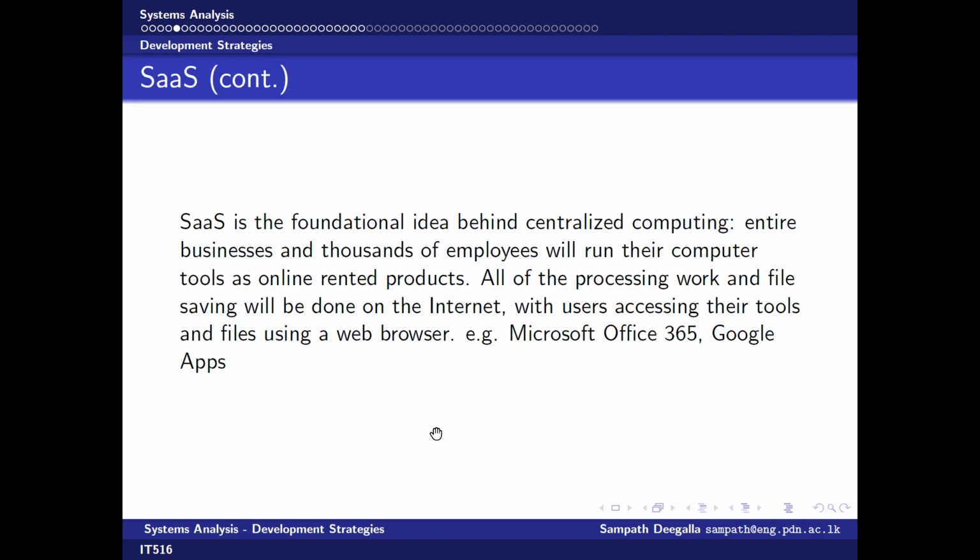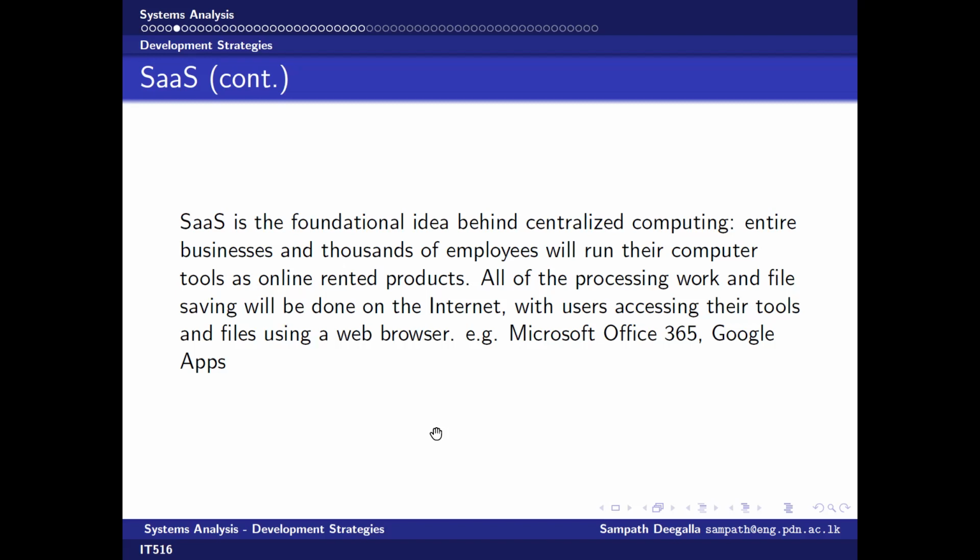So when you make bulk purchases, the price of a license or the product will be quite low, and all the processing work and files are done on the internet. And what you need is internet and a web browser, like Google Apps, for example. So nothing is saved in our machine.